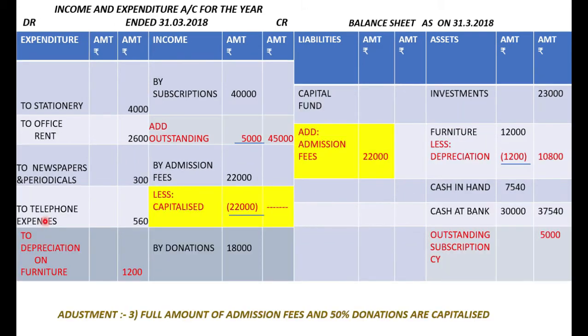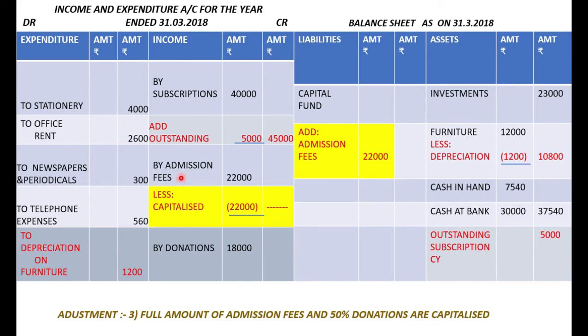Third, full amount of admission fees and 50% donations are capitalized. First, we will do the adjustment on admission fees. It is given to us that full amount of admission fees are capitalized, means full amount of admission fees are transferred to capital fund.